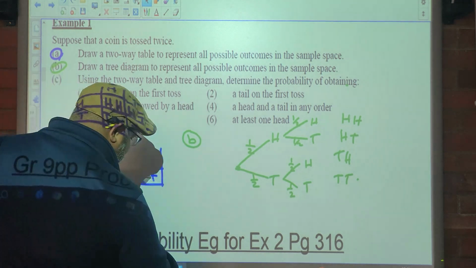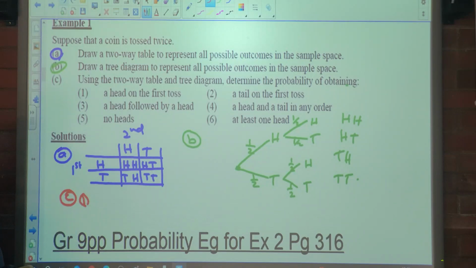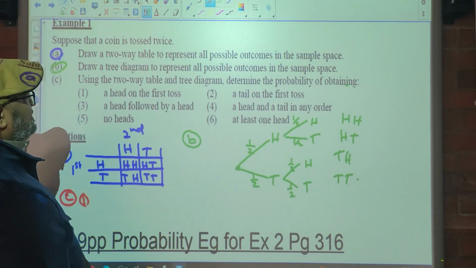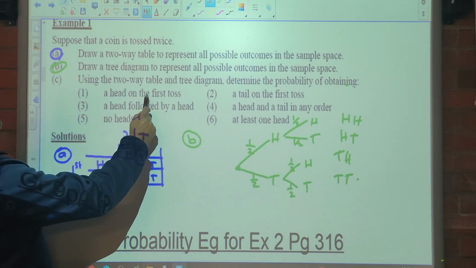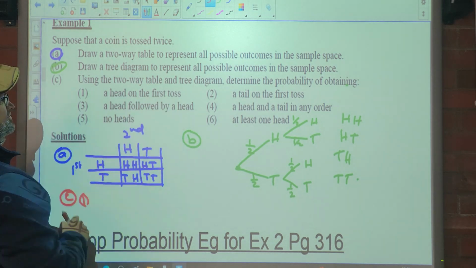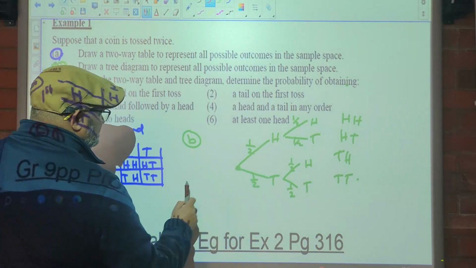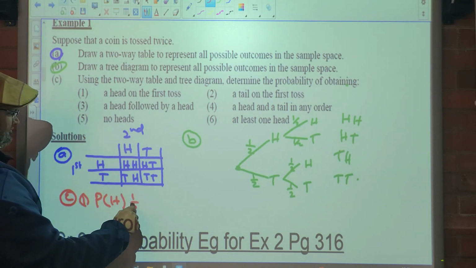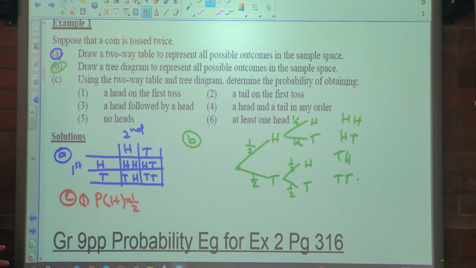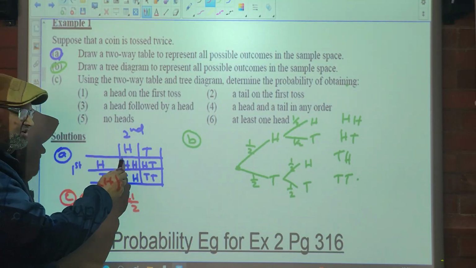So now C says, using the two-way table and the tree diagram, determine the probability of obtaining a heads on the first toss. Heads on the first toss. So it's going to be 1 out of 2. That's one way I could have looked at it if I used the tree diagram. Otherwise, where's heads on the first toss?